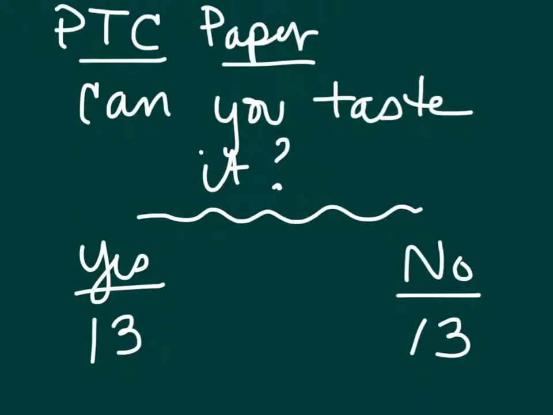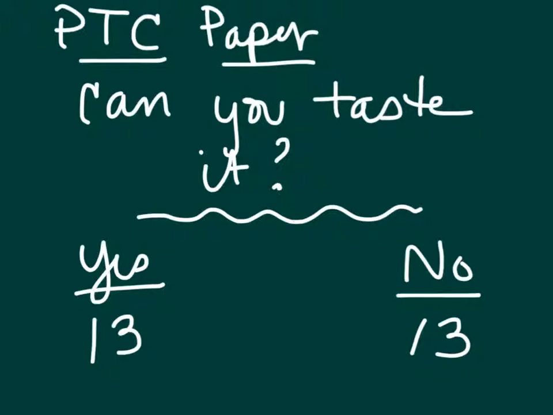So your ability to taste that bitterness would be inherited from ancestors who, as soon as they tasted a bitter thing, would spit it out. It kept them alive. So it conferred a genetic advantage. Not eating poisonous plants because they taste bad is a good way to stay alive.